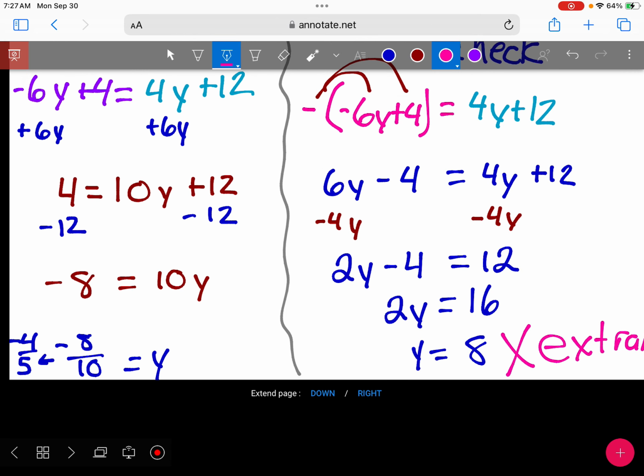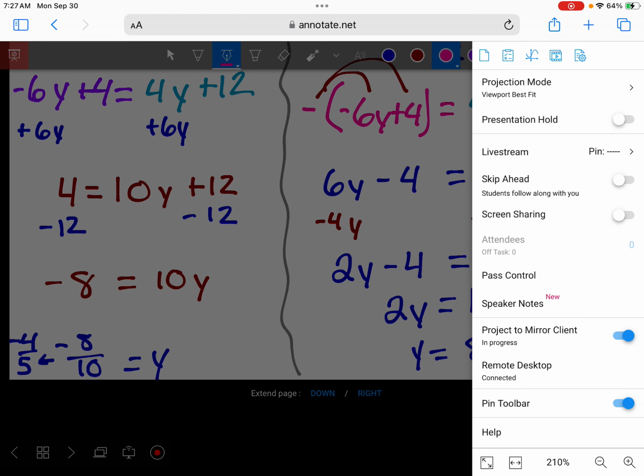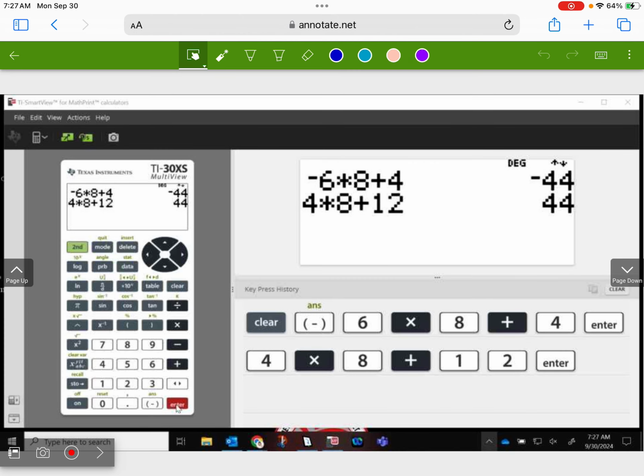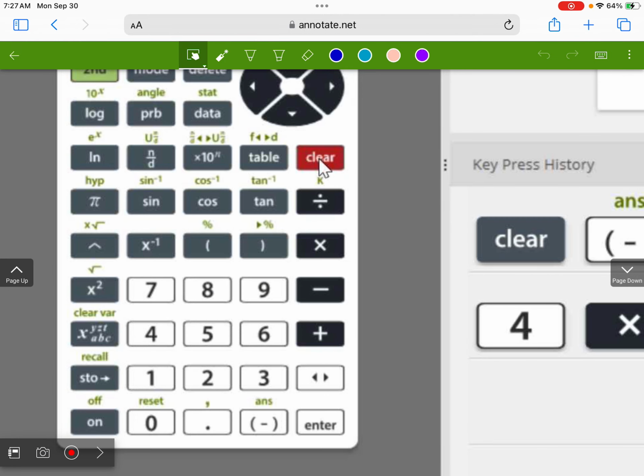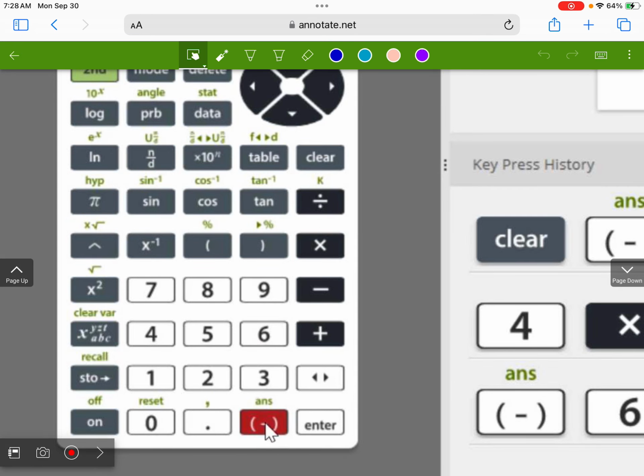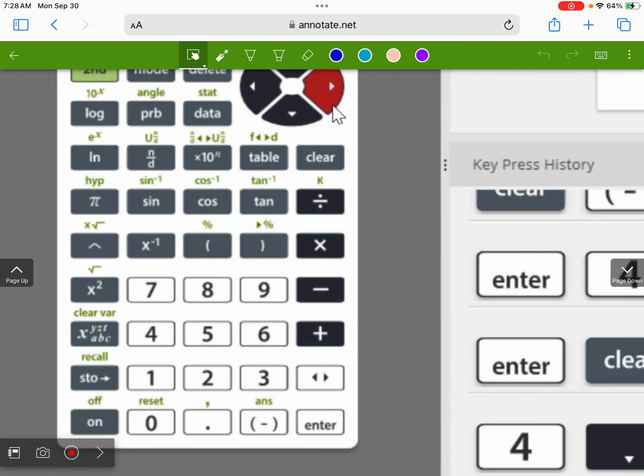So let's try our negative 4/5 and see what we get there. So again, I'm going to do my left-hand side. I've got my negative 6 times the fraction of negative 4 over 5 plus 4. And we got positive 44/5.